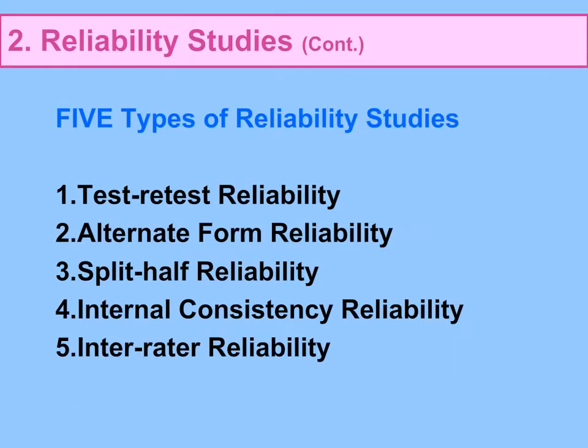There are 5 types of reliability studies that test authors use to establish the reliability of their test. Generally speaking, test authors will conduct several of these, but may not use all. For example, inter-rater reliability would not be used on a test that does not involve people rating a student.